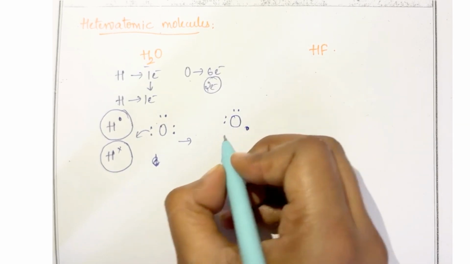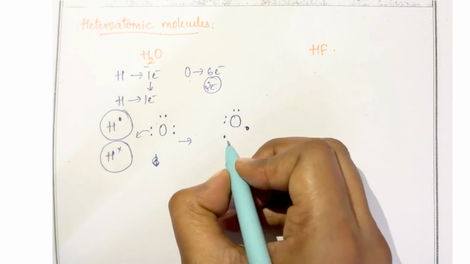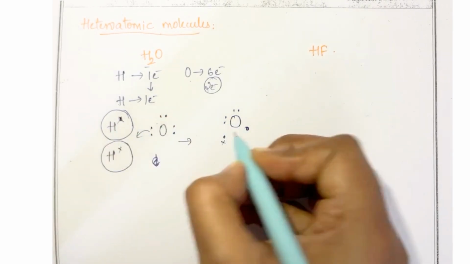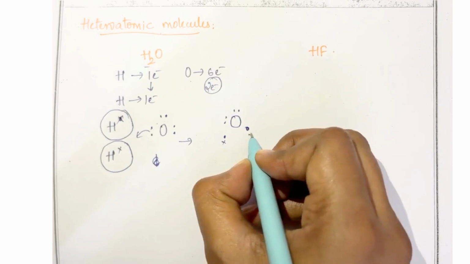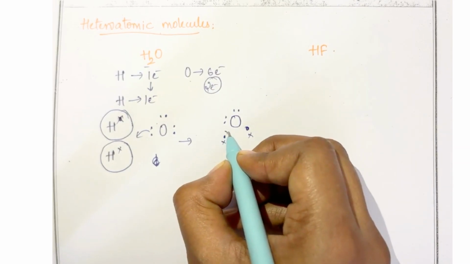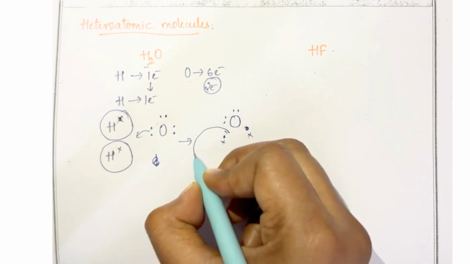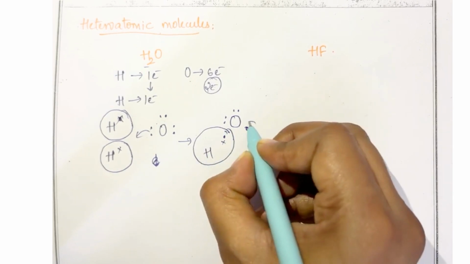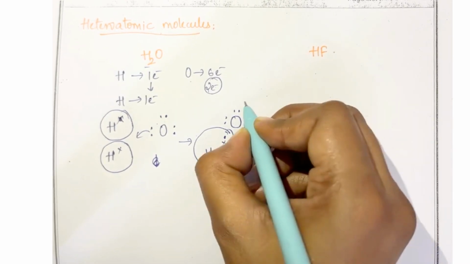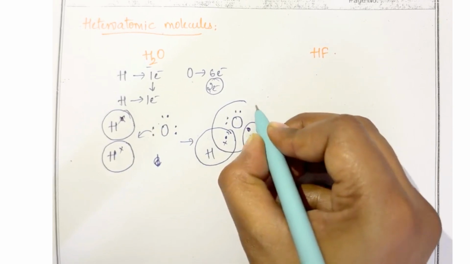One hydrogen gives one electron, and I'll represent both the hydrogens with a cross mark. Hydrogen, hydrogen, this is all together.